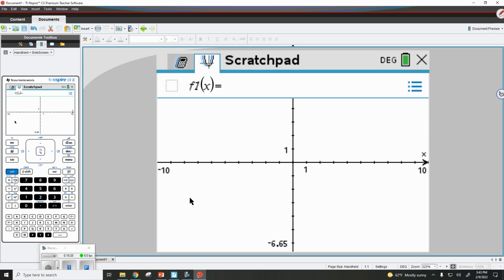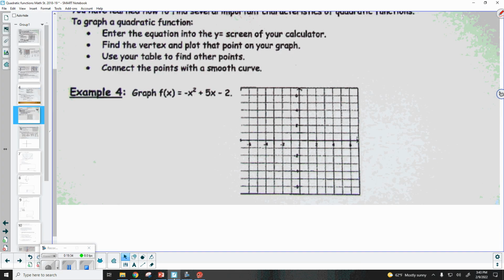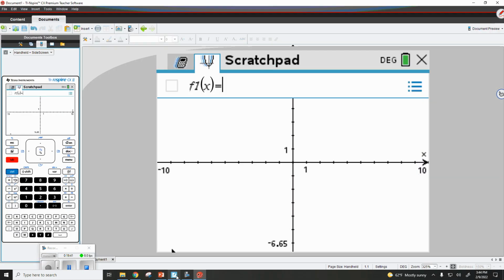This is the new one, so it might look slightly different, but I think it's really close. Could I tap on it? Yeah, you can. Let me make sure the mouse is on, otherwise it'll start drawing the marker. So we have negative x squared plus 5x, and c was negative 2.